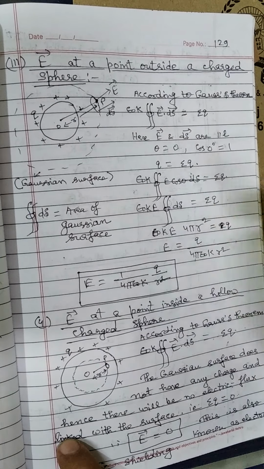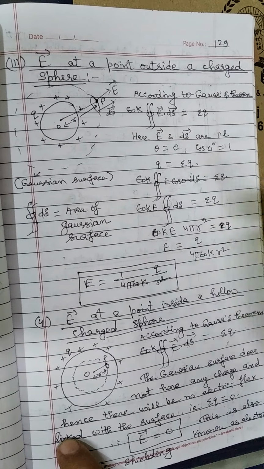Again I am emphasizing this term. Always remember that this surface integral for the closed surface ds is the area of the Gaussian surface considered. Here the Gaussian surface we have considered is in the form of a sphere. So what is the area of the sphere?